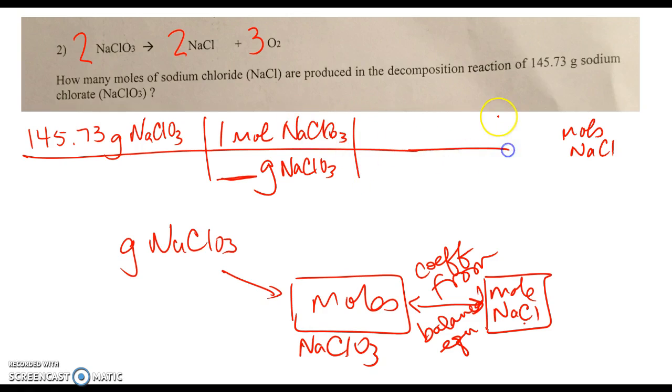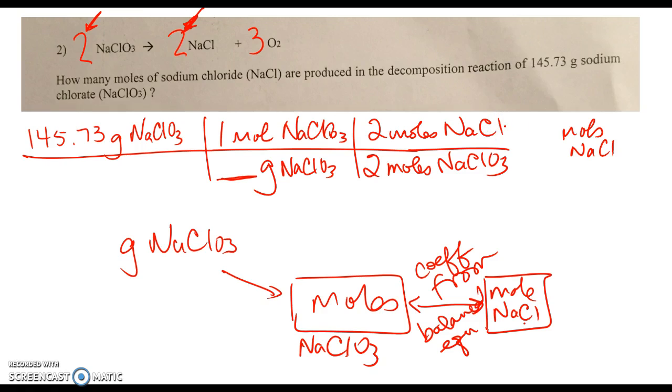Alright? Now, if you look at this equation, for every 2 moles of sodium chlorate, I produce 2 moles of sodium chloride. So this is what I mean by using the coefficients. This happens to be 2 to 2 or 1 to 1, but you want to say 2 moles of NaClO3 for every 2 moles of NaCl.